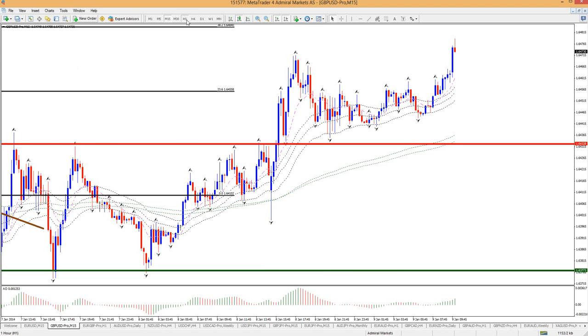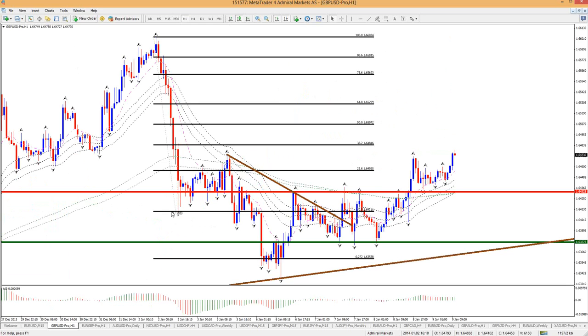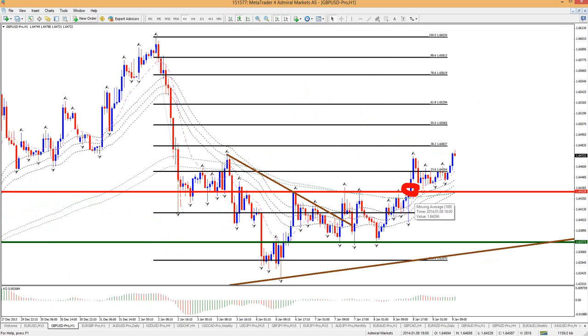So back to the pound dollar. I was even thinking about trading this to the upside, but eventually didn't do it. Did anyone trade this pound dollar to buy by any chance?